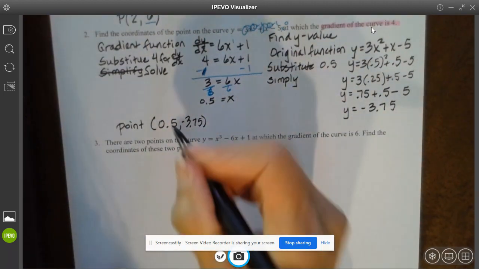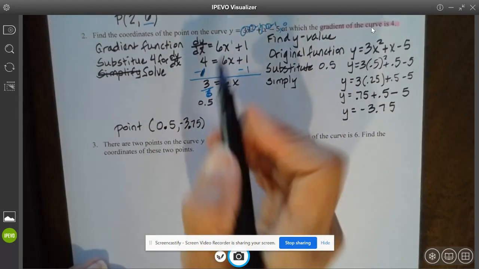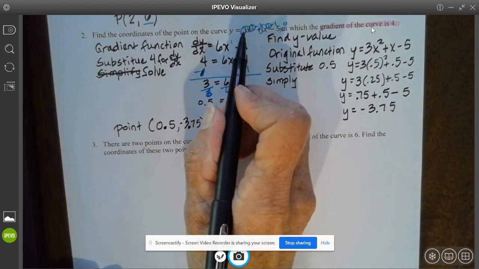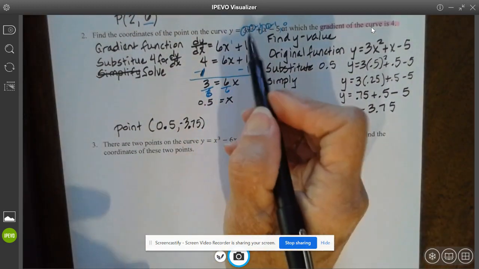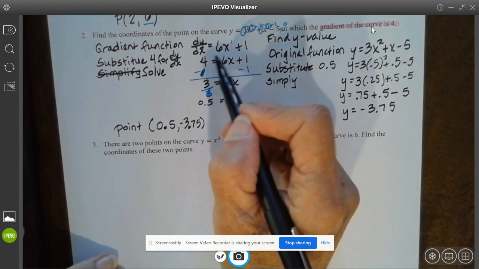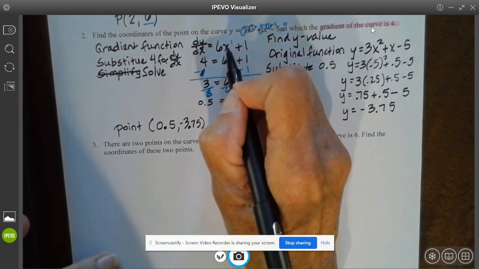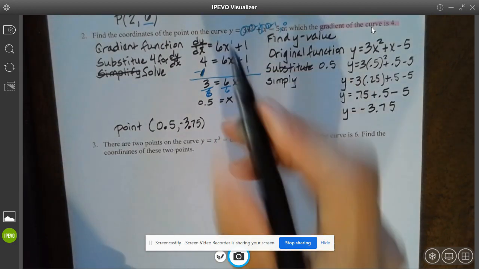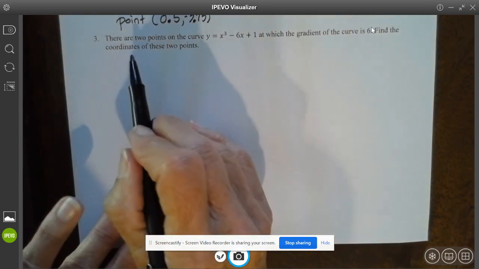Okay? So these two problems started out with the original function being a quadratic, meaning the highest power was 2. So then when you did the derivative, it became a linear function because the derivative is always 1 power less than your original function. Let's step it up a bit, a little bit more complicated.